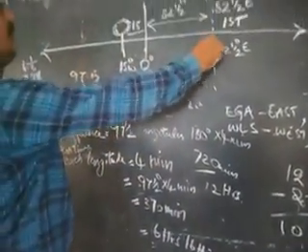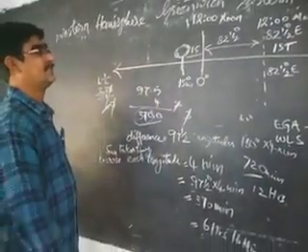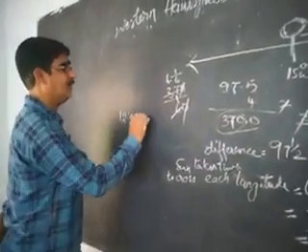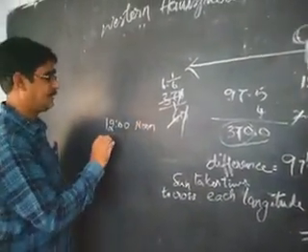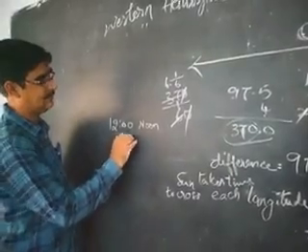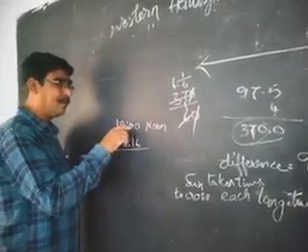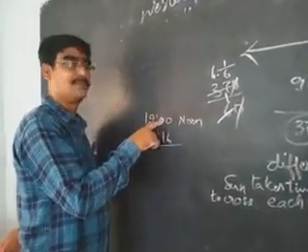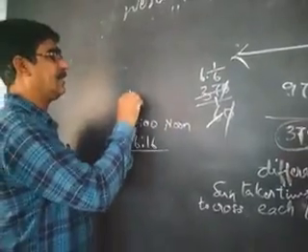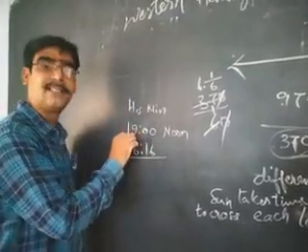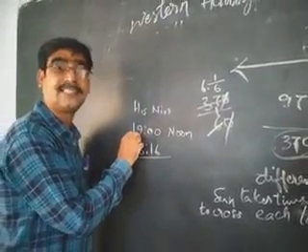See here, 12 noon minus 6 hours 16 minutes. When we borrow from here to here, 1 hour we have borrowed. These are hours, these are minutes. 1 hour is, in the sense, not 100, it is 60 minutes.